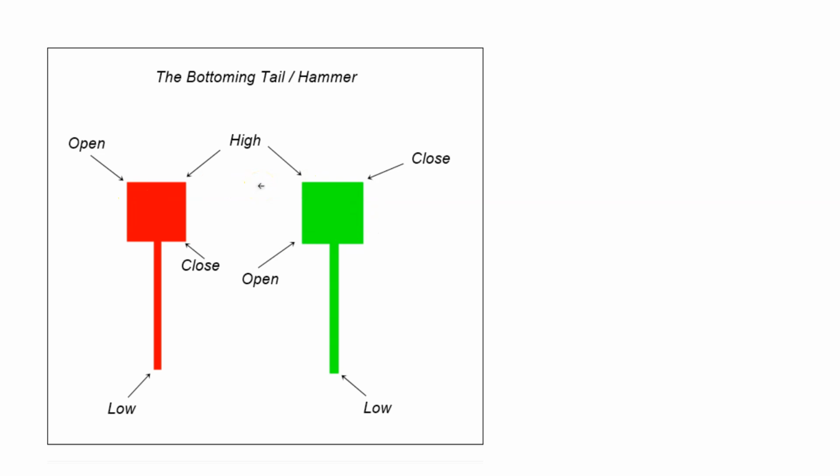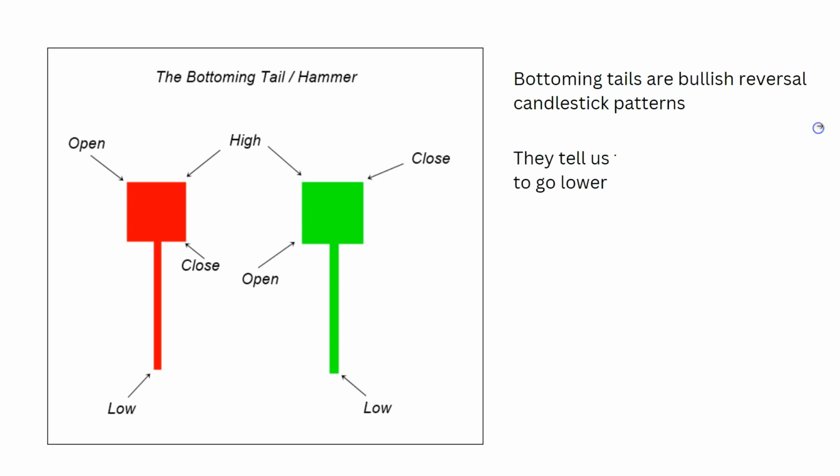It's just that the red bottoming tail opens higher and closes lower, while the green bottoming tail opens lower, closes higher. So bottoming tails are actually bullish reversal candlestick patterns. And when you see a bullish reversal candlestick pattern, it means that there's a high probability that the stock is gonna go higher in the next trading bar.